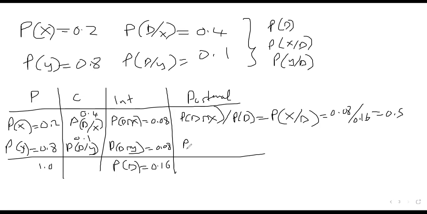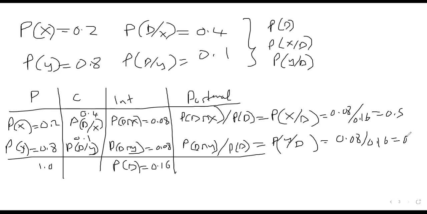Again here, the probability of D intersection Y, if we divide it by the probability of D, what we're going to get is D down there and Y here. So in this case, we have 0.08 over 0.16, which is 50%.